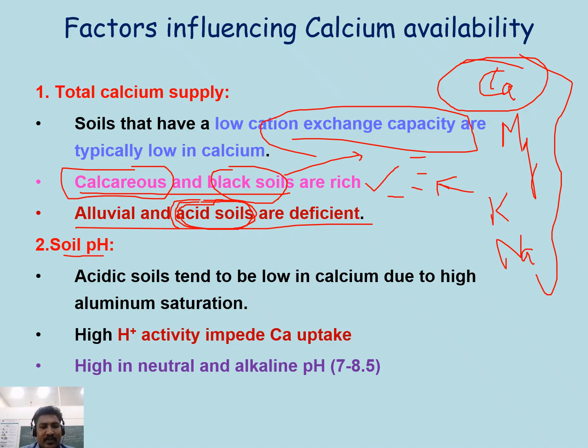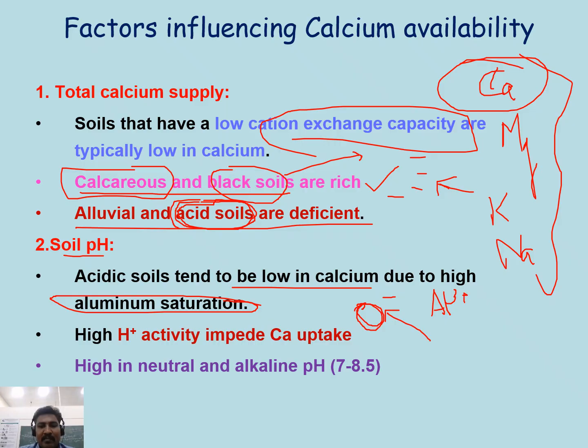As I told, acidic soil is low in calcium due to high aluminum saturation. Aluminum can be held in the exchange sites, like in the clay material, because the clay is negatively charged. Aluminum is a positive charge and a high valency ion, Al3+.